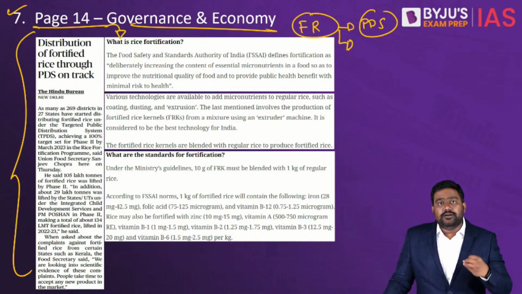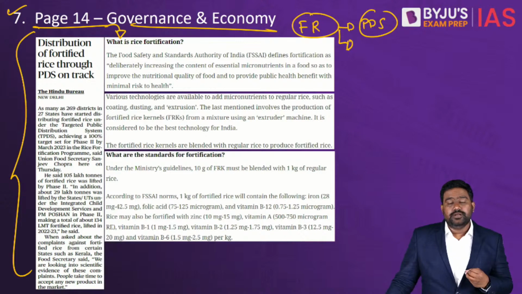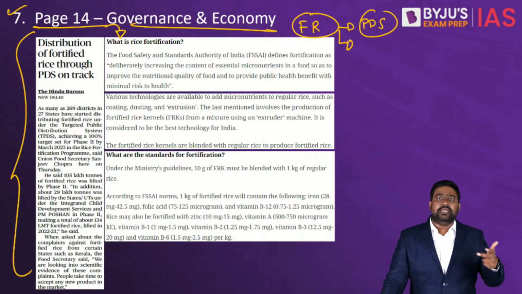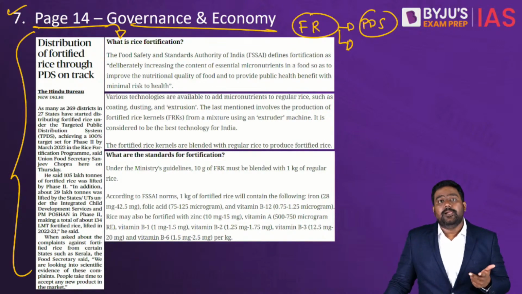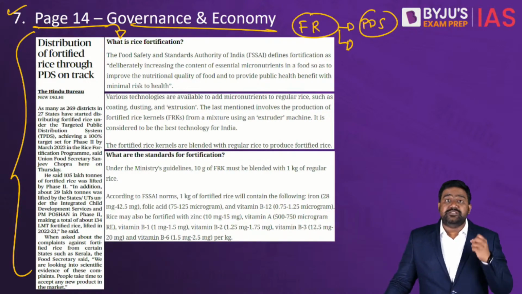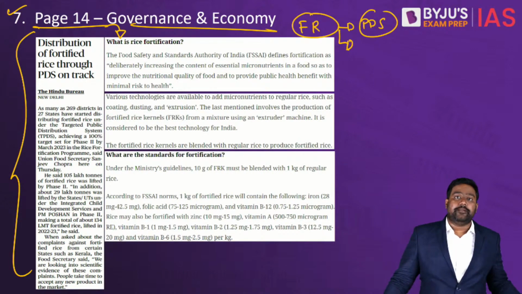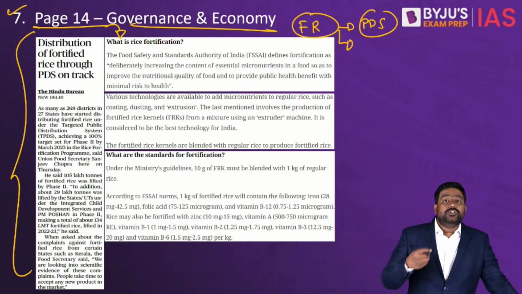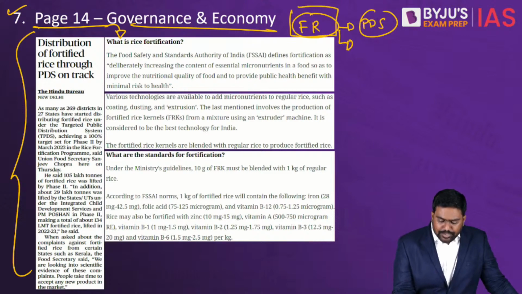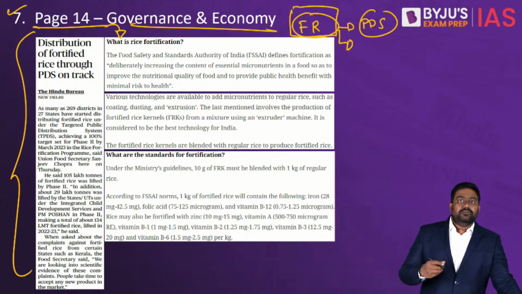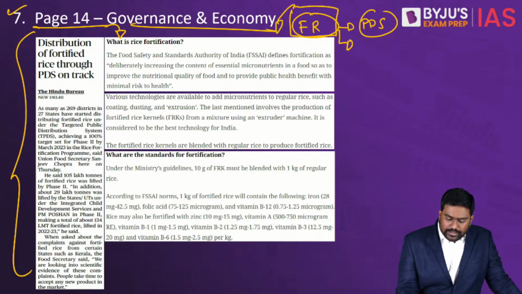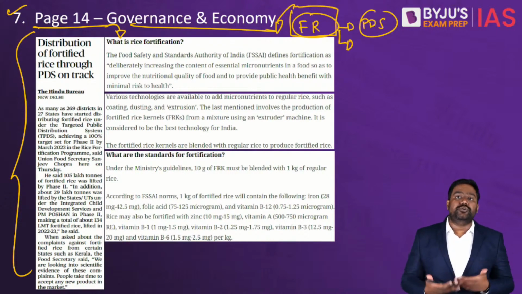They don't get adequate micronutrients like iron, folic acid, then essential vitamins, vitamin A, B, B12, B3, B6, etc. All these micronutrients are essential in the right quantity for healthy living. Or else the deficiency will cause many diseases, many disorders. So that is why, to address the micronutrient deficiency, India had launched the ambitious fortified rice program, where rice, which is a staple food across India, was fortified with added micronutrients.